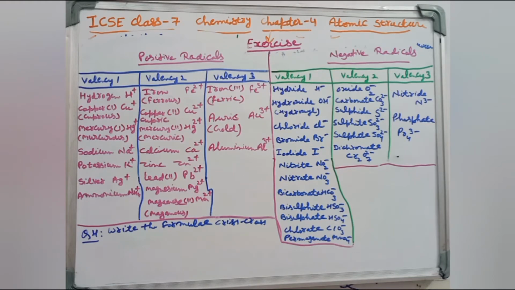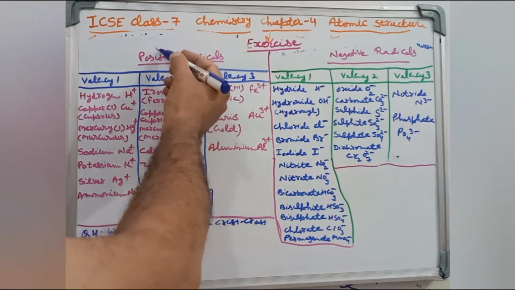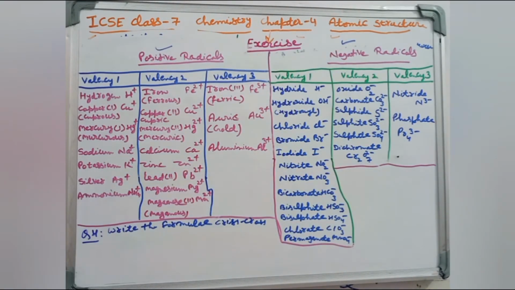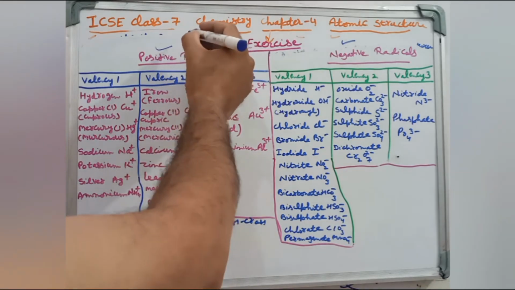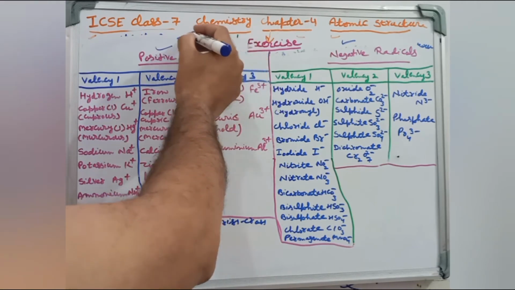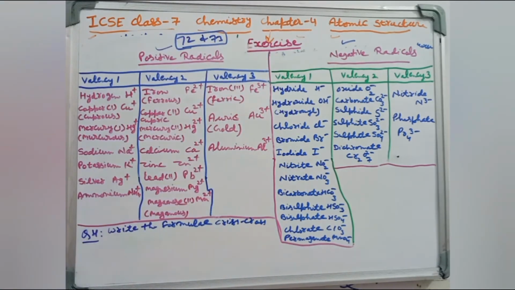In the last question I told you about radicals. A radical is a positively or negatively charged component of a compound consisting of a single atom or group of atoms. These positively and negatively charged radicals are given on pages 72 and 73. You have to learn them orally.